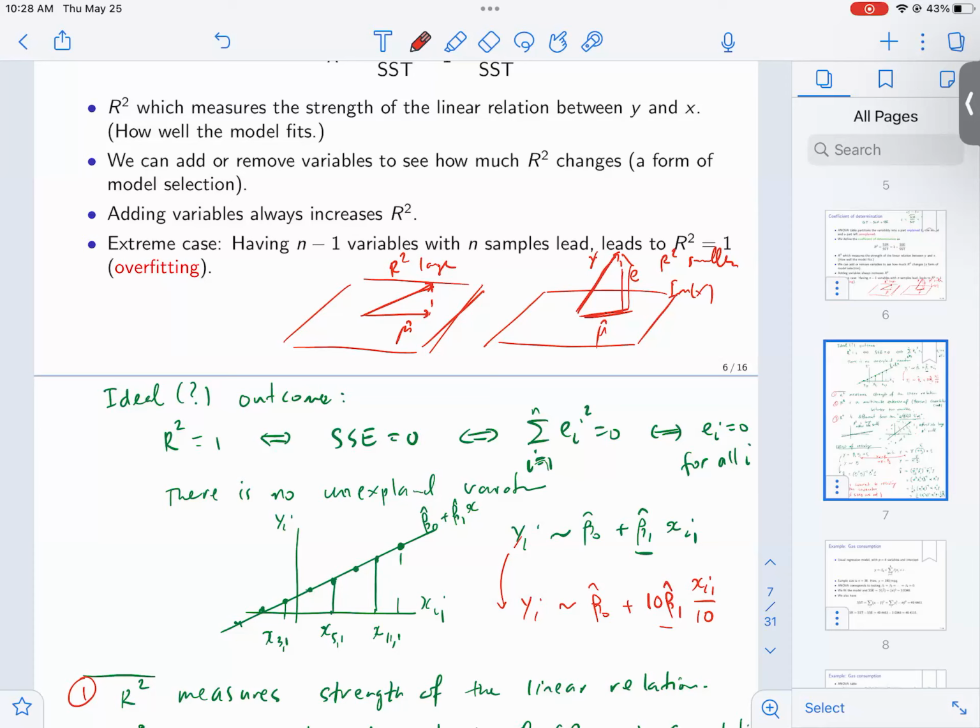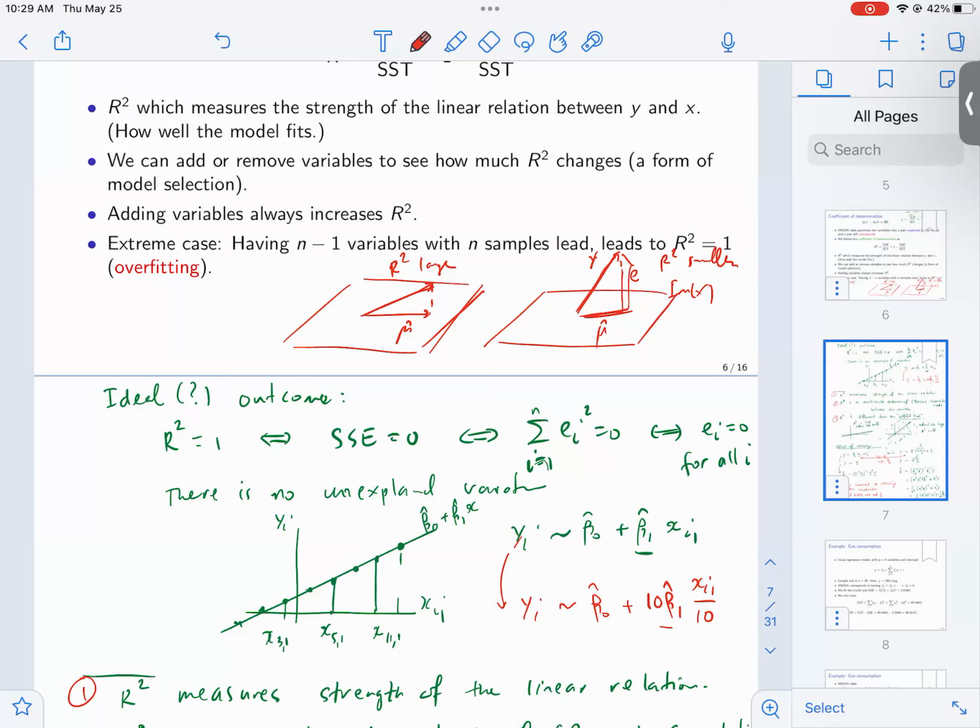If I keep adding covariates such that the dimension of the image, where y is in R^n, becomes n, it spans the entire space. The image of one vector is just one-dimensional. The image of two linearly independent vectors is two-dimensional. Three would be three-dimensional, four would be four-dimensional, up until n vectors would be n-dimensional.